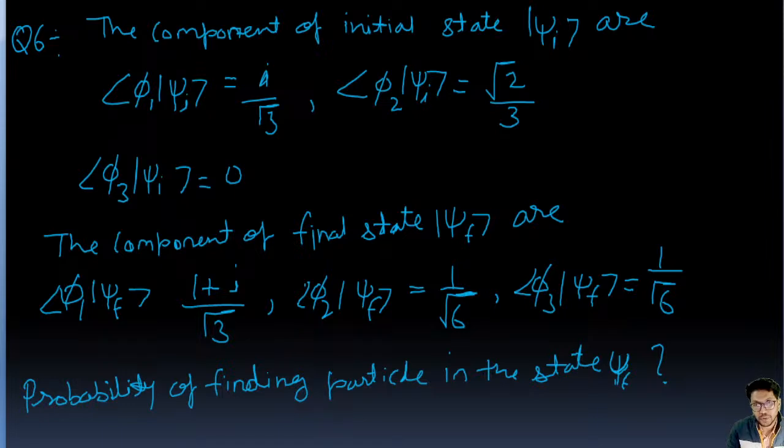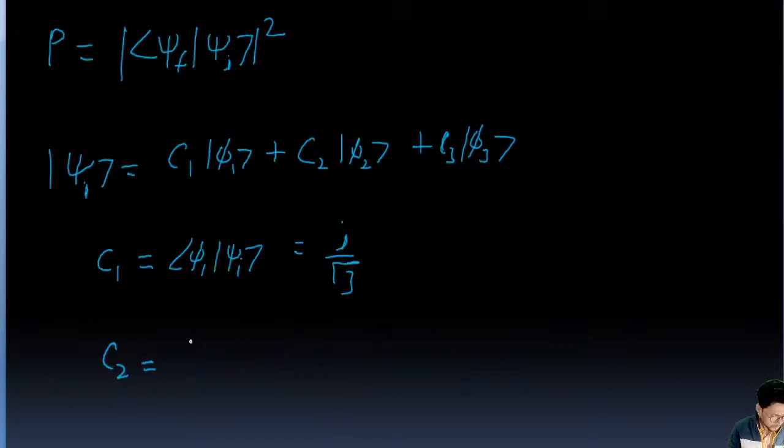And now we'll find c2. c2 means phi 2 psi I, and this value is given, root 2 upon 3.